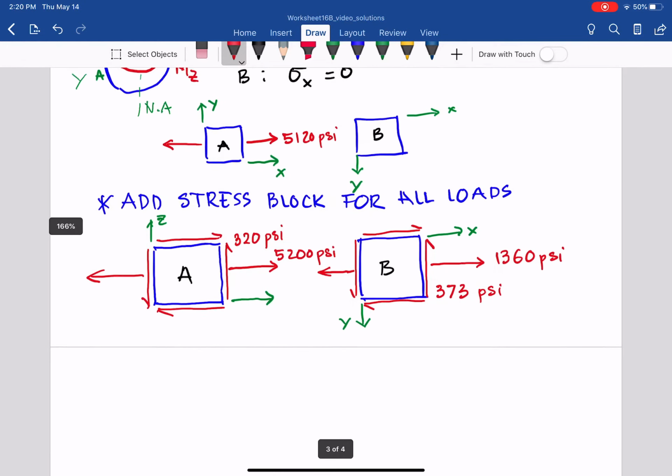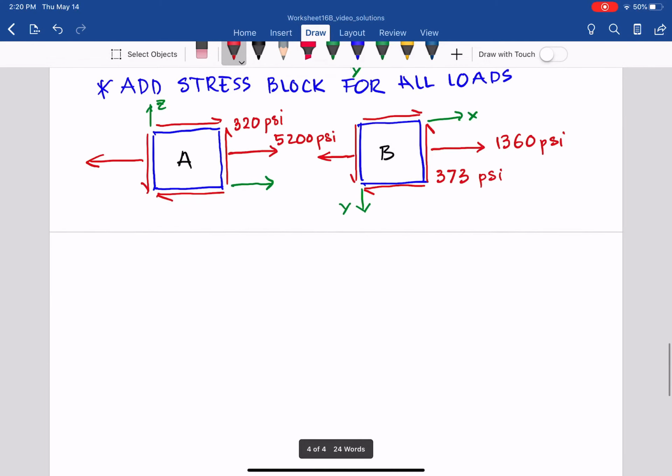When we complete the stress blocks, we can go ahead to find out the principal stresses for point A and point B using the Mohr circle or equation. So I'm using the Mohr circle to review here.